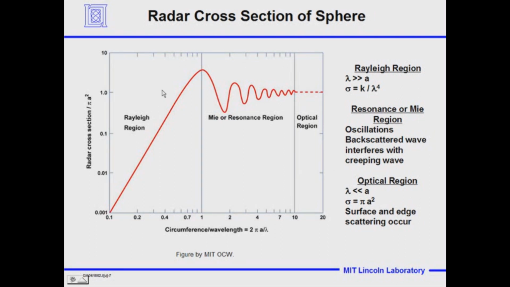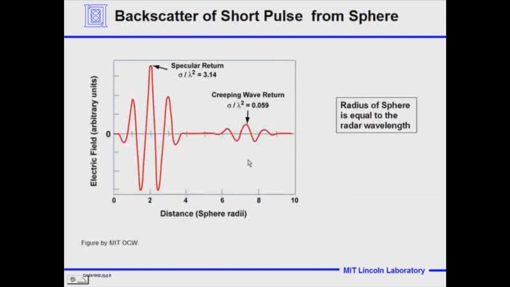So you think a sphere would be very, very simple, but it's actually a pretty complex entity. Now, what's happening with this creeping wave? If you take a very, very short pulse and you send it off to a sphere, and then look at what happens when that electromagnetic wave interacts with the sphere.